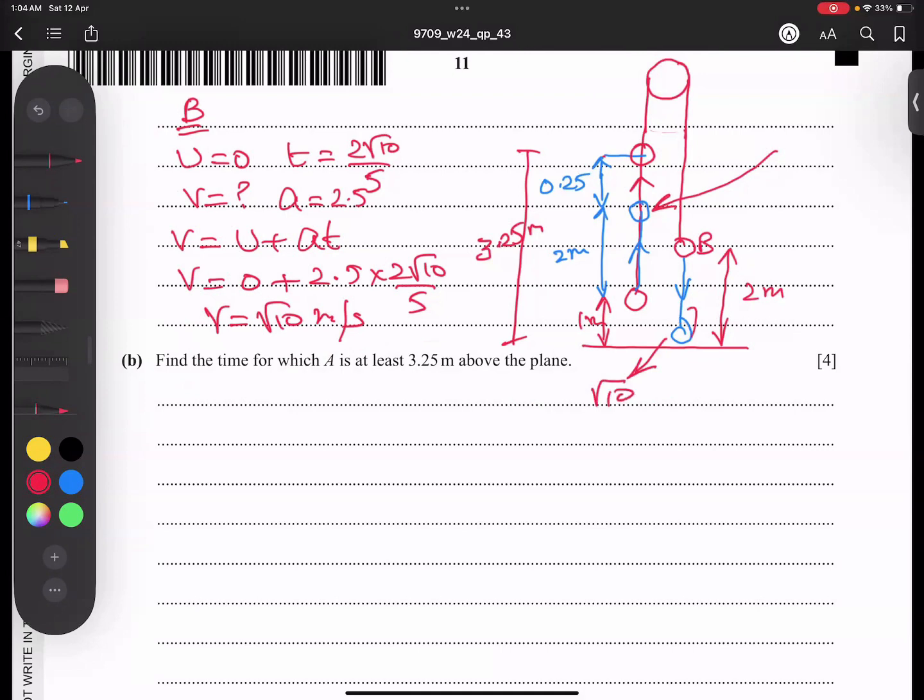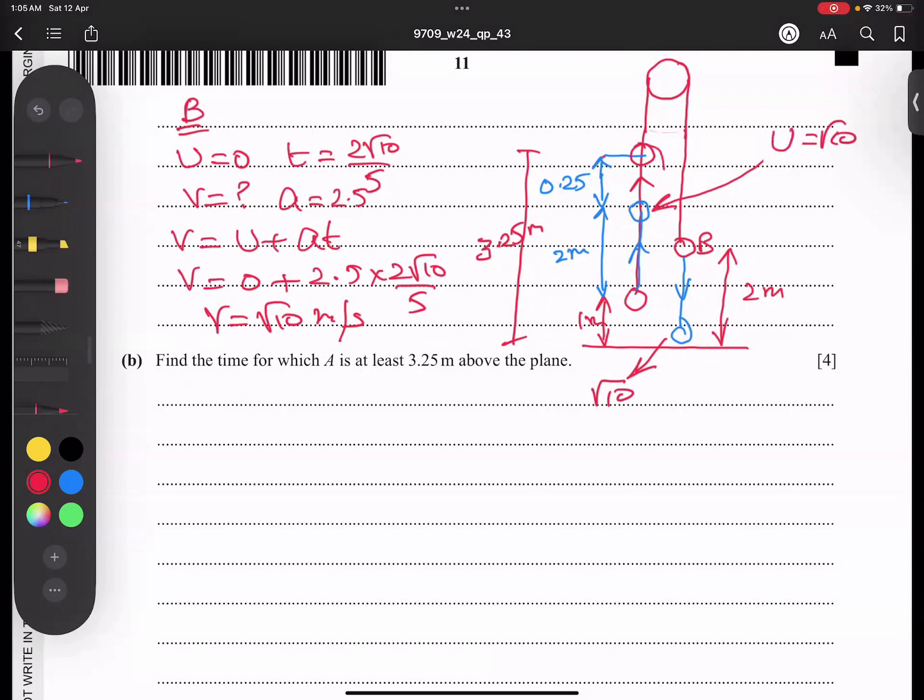And this speed is the same as this speed. So this last velocity, root 10, will become the starting velocity u for this one. So I'm erasing and I'm writing here u.